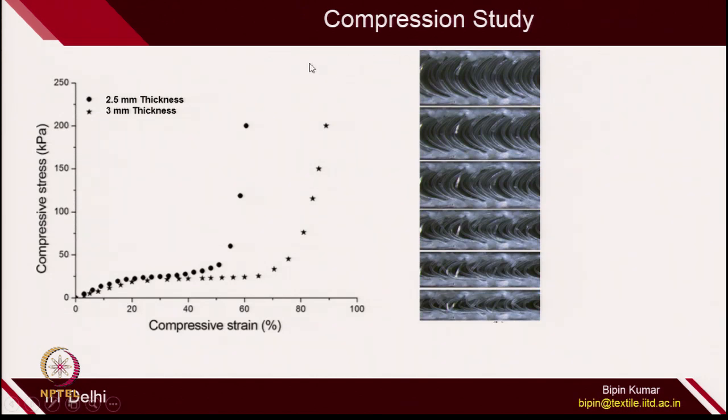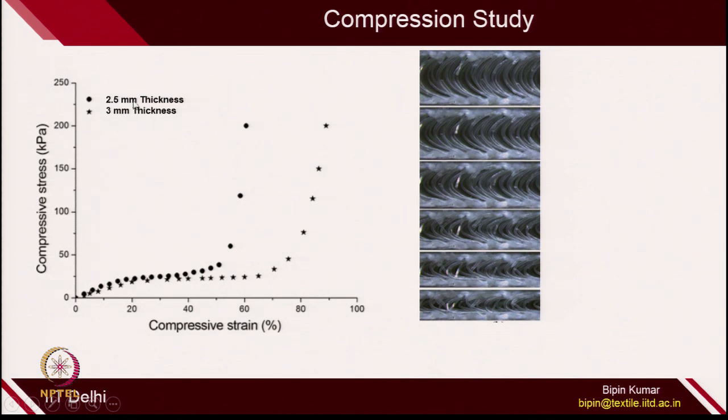In knitting, if you change the thickness of the spacer fabrics, you will get different types of cushioning applications. You can see here how, as you start compressing it and the thickness of the material is reduced, more and more spacer filaments are densified, and because of that the compressive load increases after a certain compressive strain.